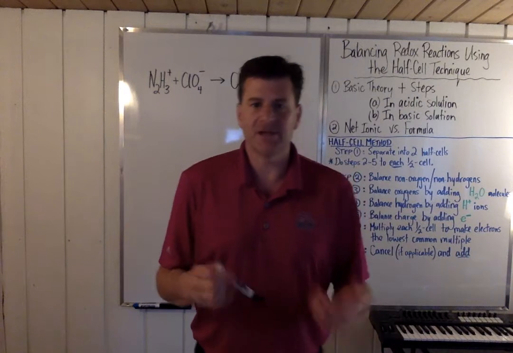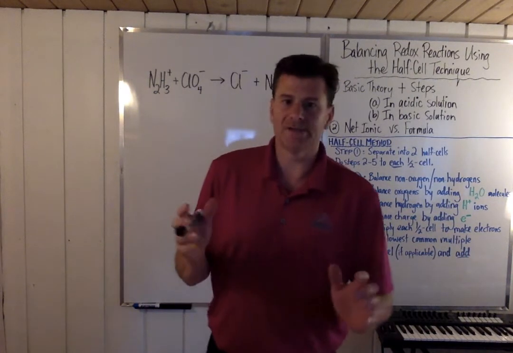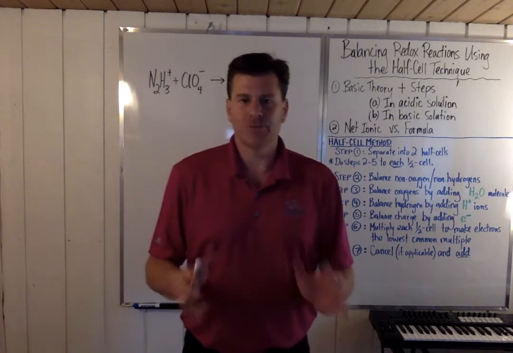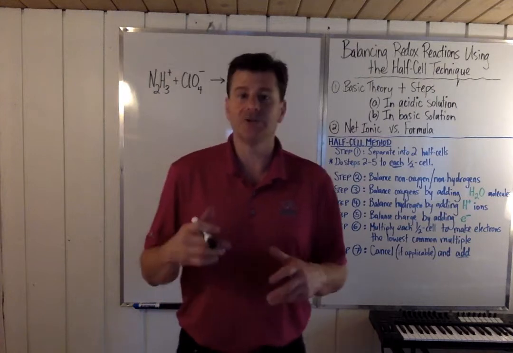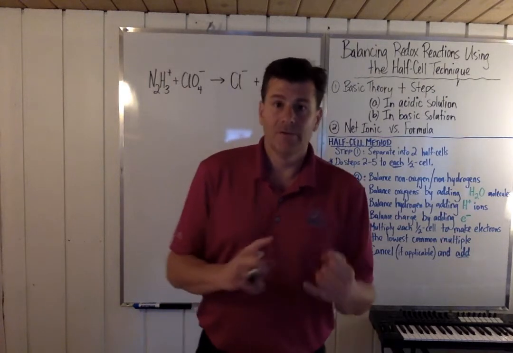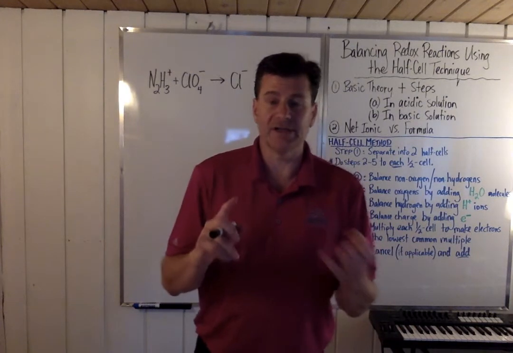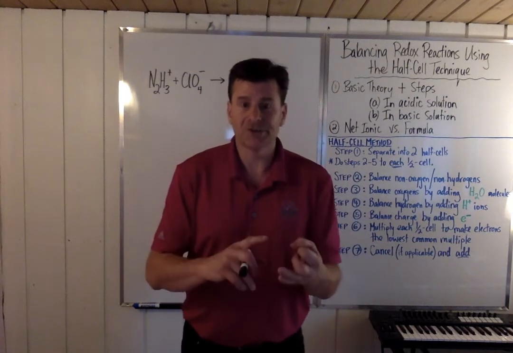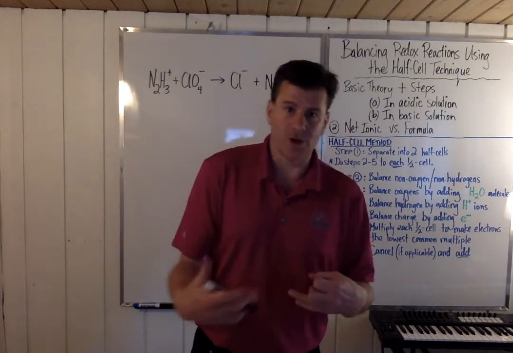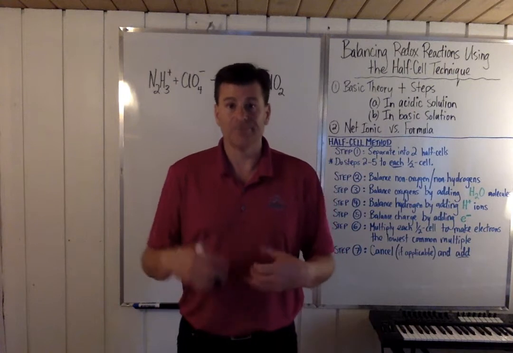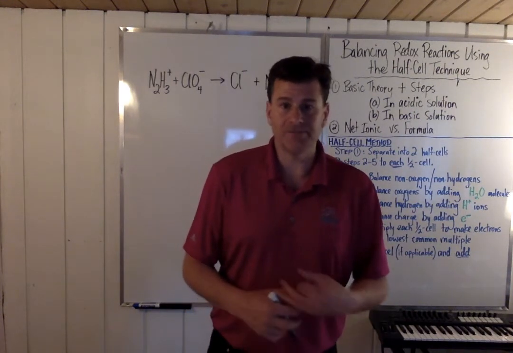Last class we did an introduction to Redox, what reduction was, what oxidation was, the fundamental principle of the whole thing. We also looked into oxidation numbers and how you can figure them out for every atom within a chemical species using our priority list, and how you can apply oxidation numbers to understand what's going on in a redox reaction: which atom is undergoing reduction, which atom is undergoing oxidation.